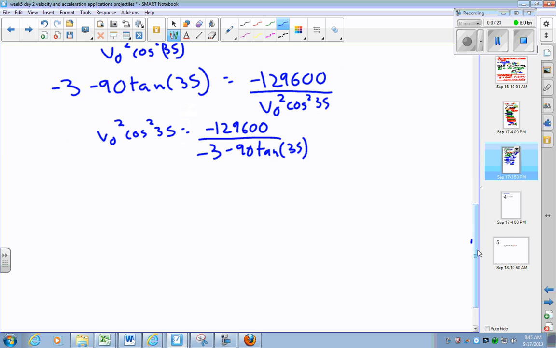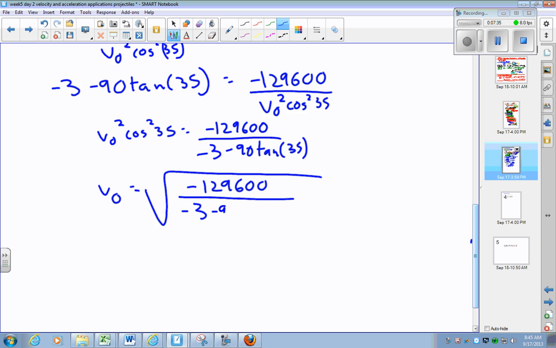And could I then divide by the cosine squared 35 and take the square root? So v naught equals the square root of -129,600 over -3 minus 90 tangent 35, all that times cosine squared 35.